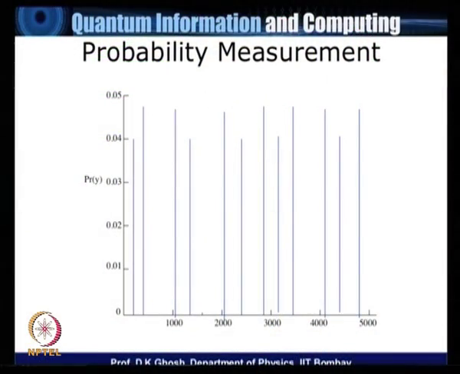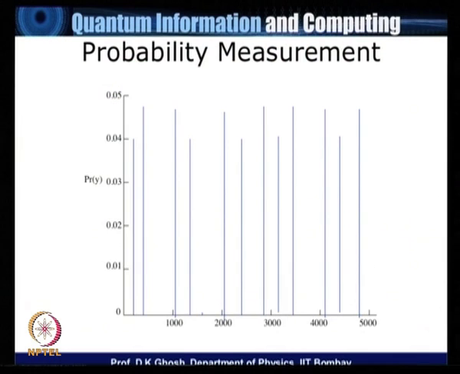I have done a small calculation using these, trying to find out the likely values. Assuming a certain number of measurements, I simply picked numbers randomly which are close to multiples of 205, a few of them, because they are the ones likely to come out, and if you calculate the probability, it will show peaks like this. The 0.05 is approximately the upper limit of it.